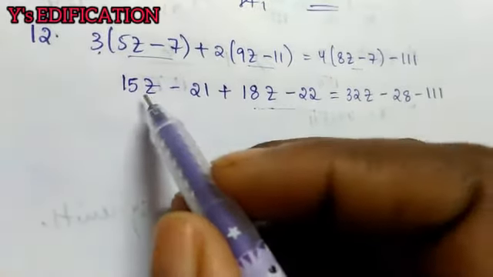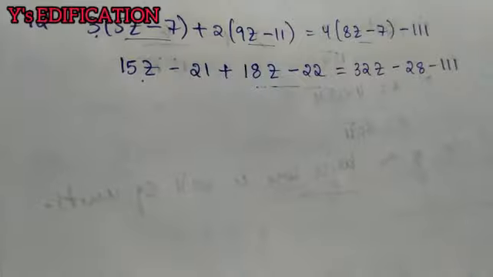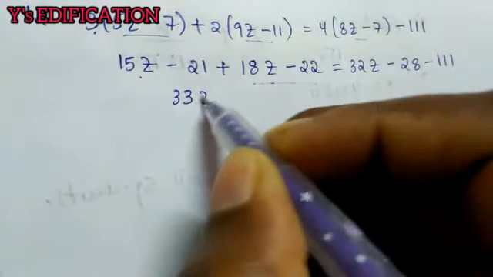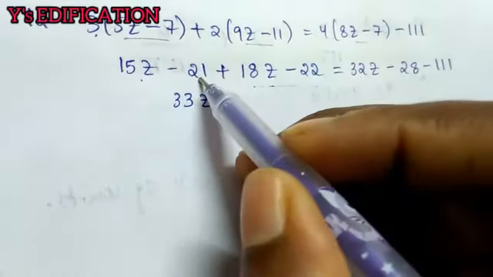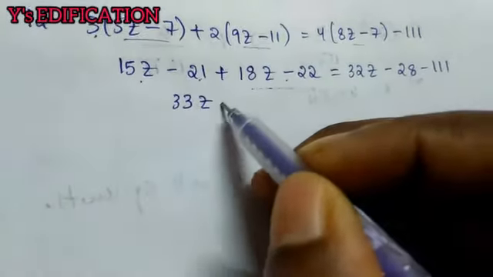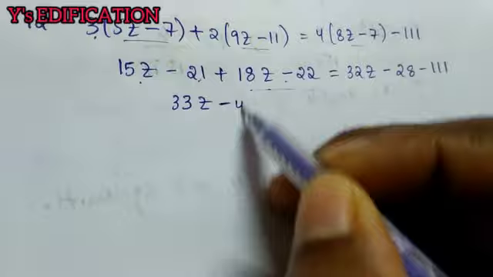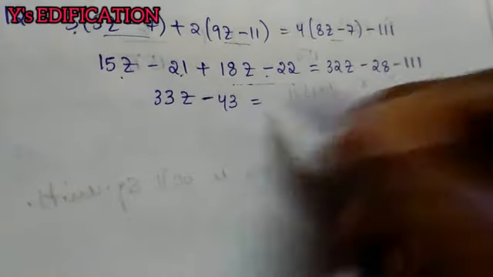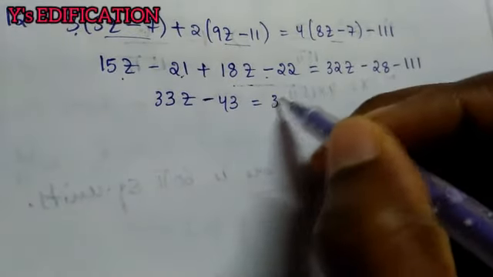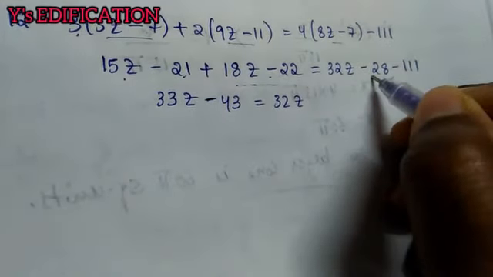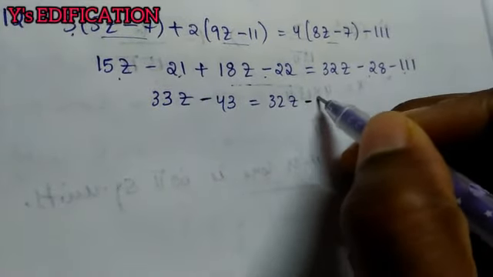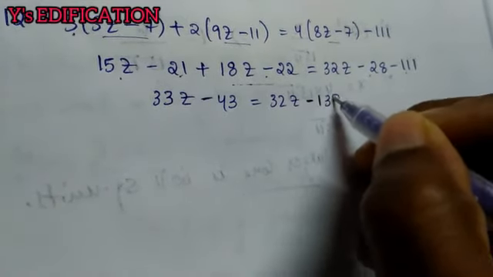Okay. So what is 15 plus 18? 15 plus 18 is 33z. Okay. Next, minus 21 minus 22. It will become minus 43, equals 32z. What is minus 28 minus 111? It is minus 139.